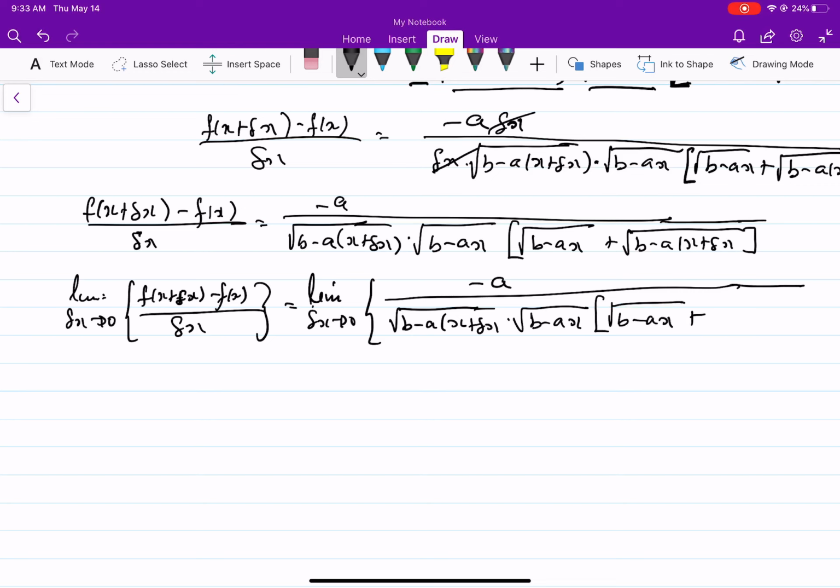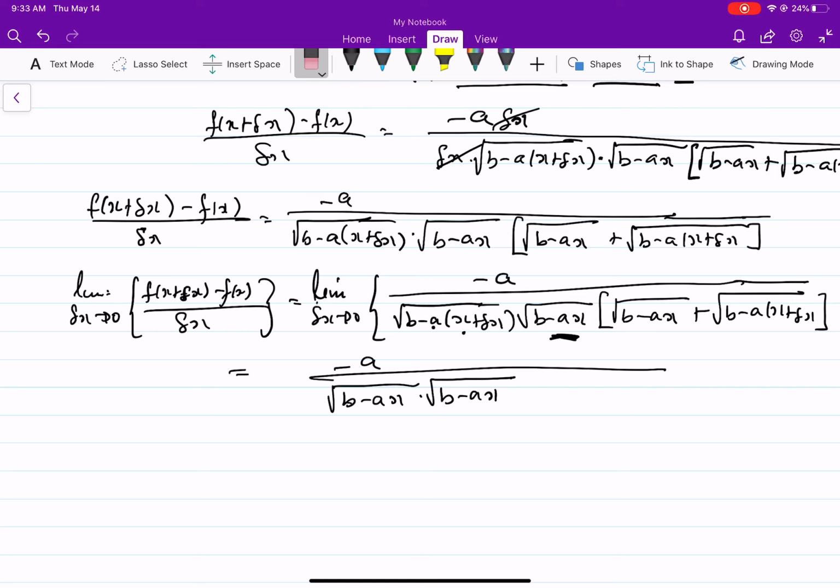All right, everywhere I see delta x now, I'm going to plug in 0. So you got to follow the algebra. This becomes minus a on top. What's on the bottom? The root of b minus a into x plus 0, which is just b minus ax. So b minus ax times this other root of b minus ax. There was no delta x to plug into this part.